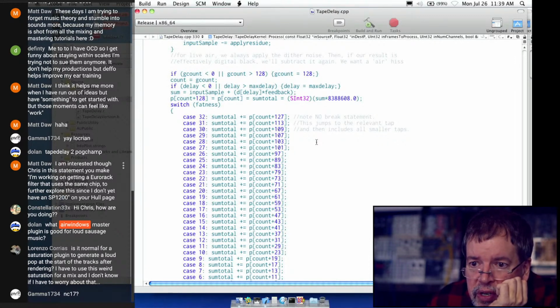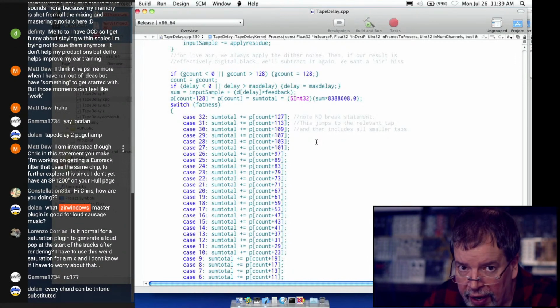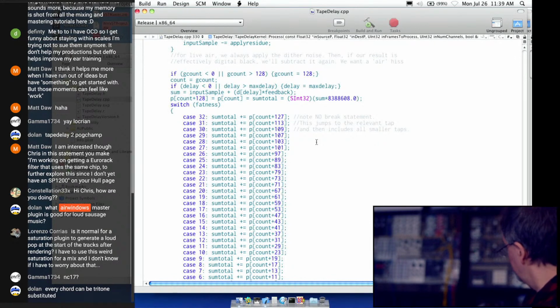Matt mentions, I'm working on getting a Mirack filter that uses the same chip. Yeah, that is the thing. I have actually placed an order, because it's not as expensive as a real 1200, for a Doepfer filter. Not any of the ones that I have. I've got a 124, which is the WASP filter with the 4049 or 69 chip.